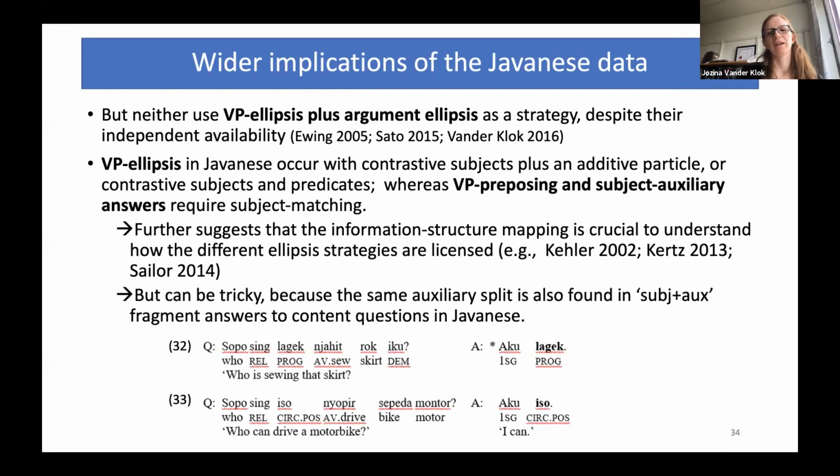And I'll just leave this data here, but it can be tricky because the same auxiliary split is also found. I only have preliminary data with a smaller number of speakers, when we look at subject auxiliary fragment answers to content questions in Javanese.